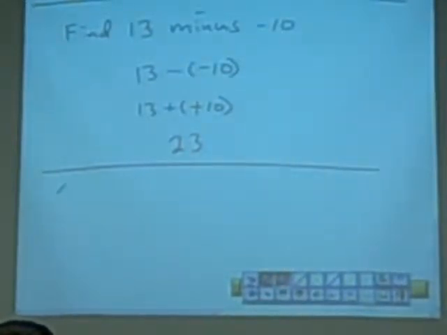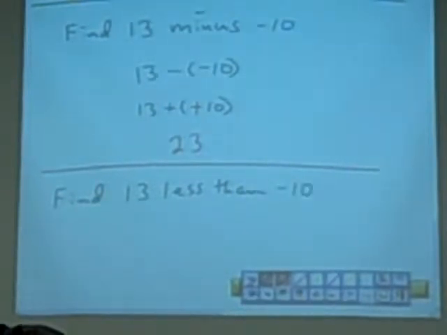Let's say we want to find, same thing except for one thing's going to be different. 13 less than a minus 10.